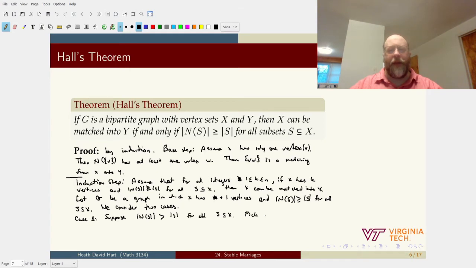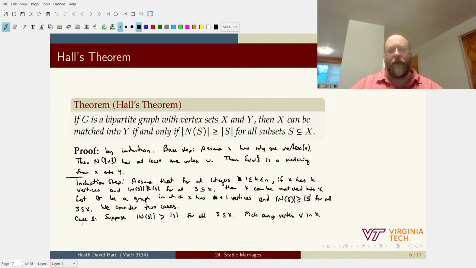Pick any vertex in X. Then, because I'm taking only one vertex out of this set, how do I want to say this?